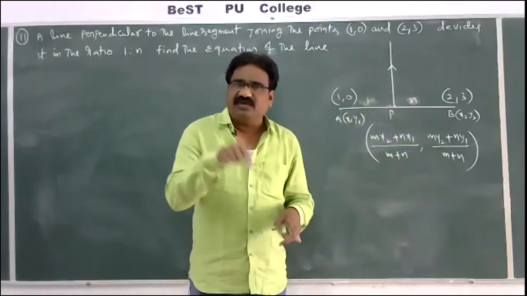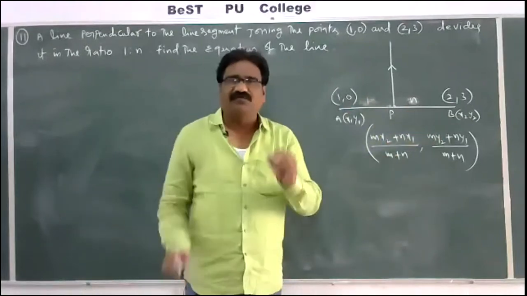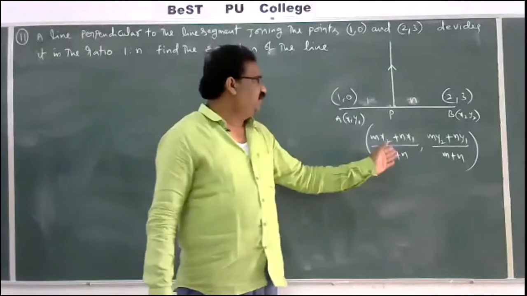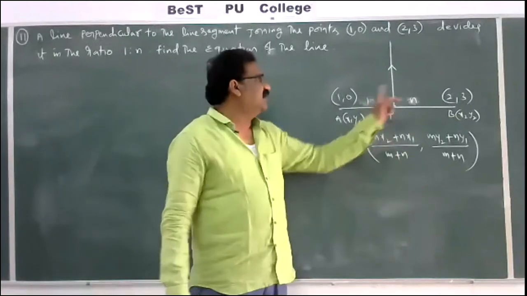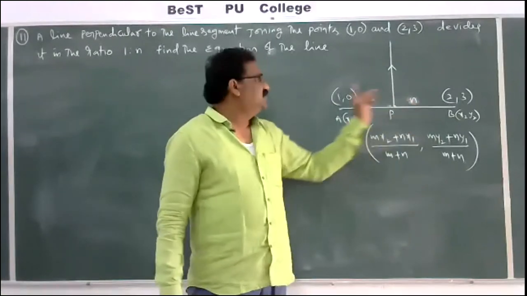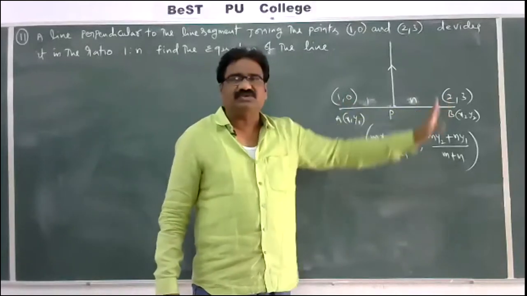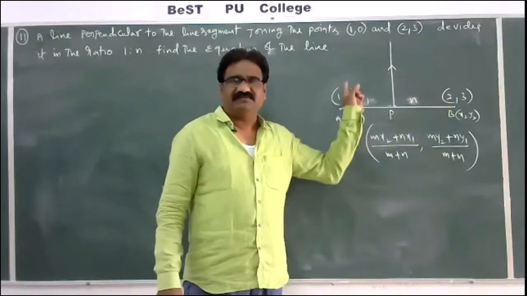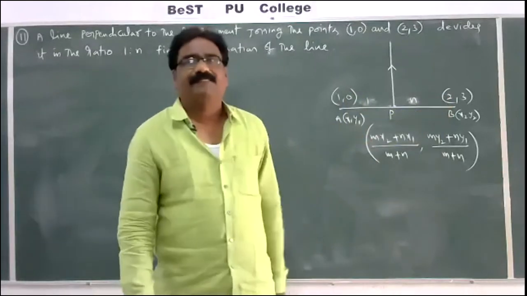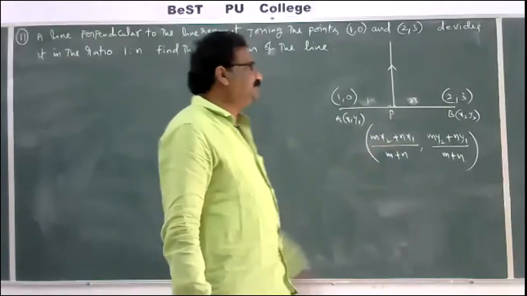That's why here we require the point P. First we want to find the point P. How? Using this formula. Here m is 1, n is n. So x1, y1 is 1, 0 and x2, y2 is 2, 3. First draw this figure on the right hand side and write the formula here.